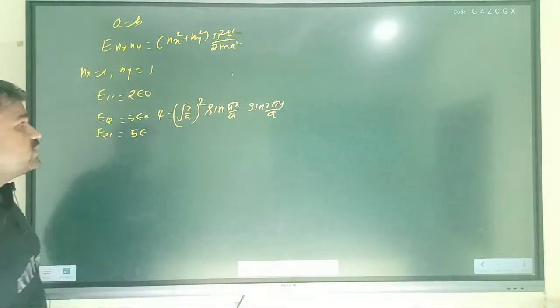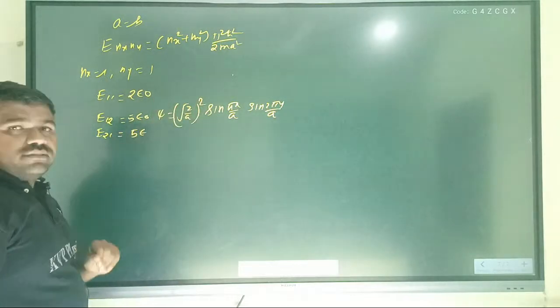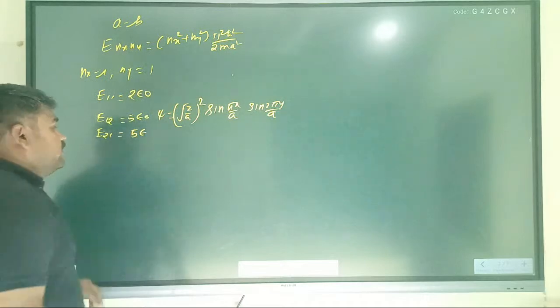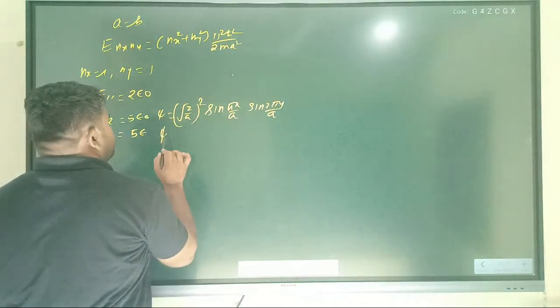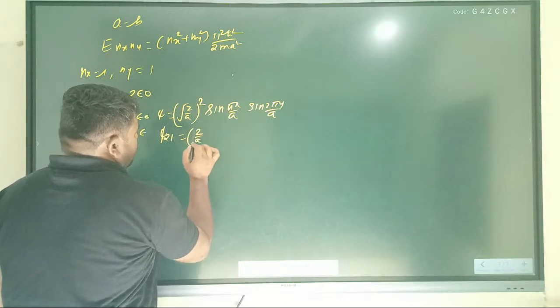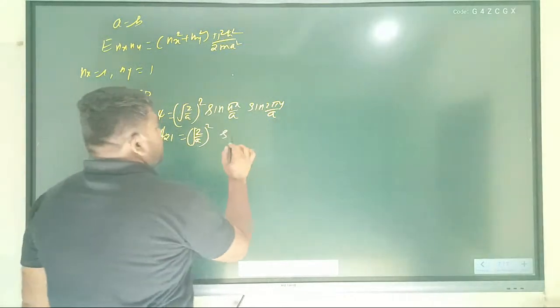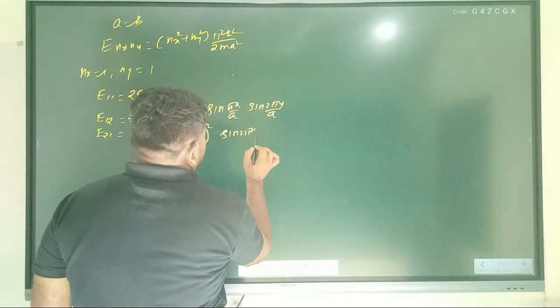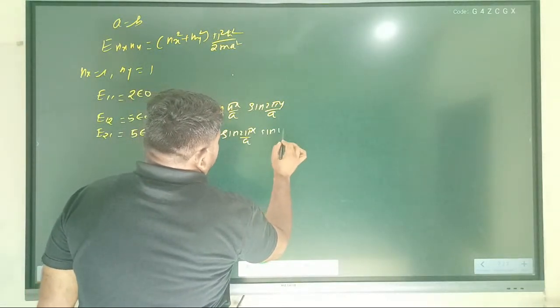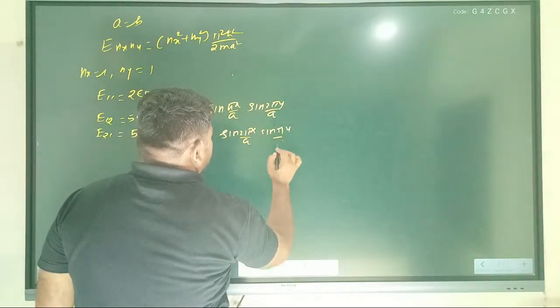This is the wave function for 1, 2. Okay, 1, 2 gives the energy 5 epsilon naught. Now second, psi 2, 1 is equal to again root 2 upon a whole square, or simply 2 upon a, into sine 2 pi x upon a into sine pi y upon a.